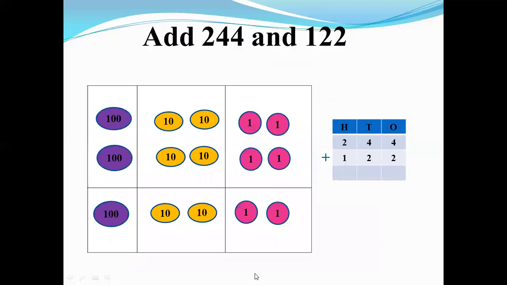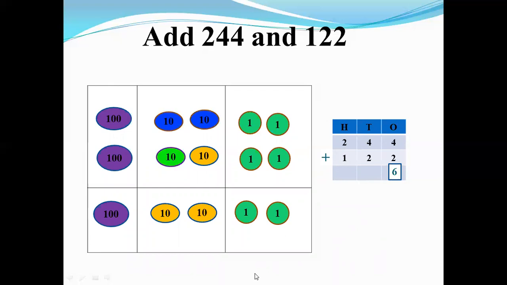We can also add the numbers by using the number discs. Here we have a question: add 244 and 122. Let's add it. We have 4 ones and we have 2 more ones. 4 plus 2 will make 6. Then we will add tens.